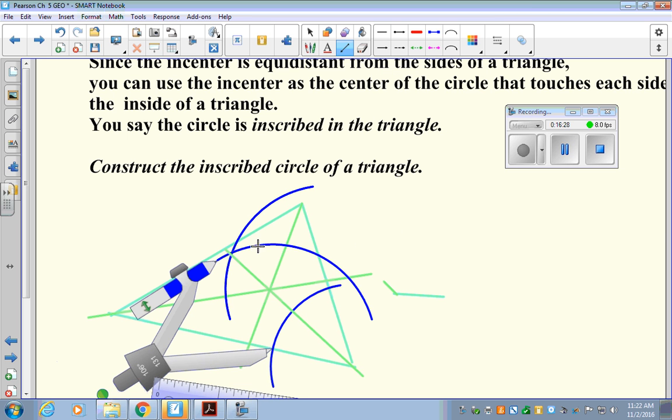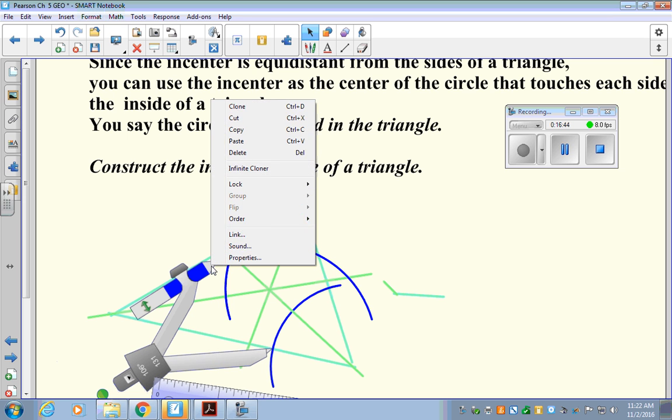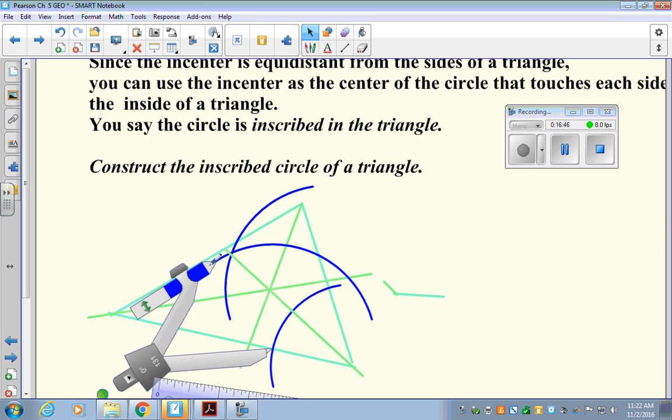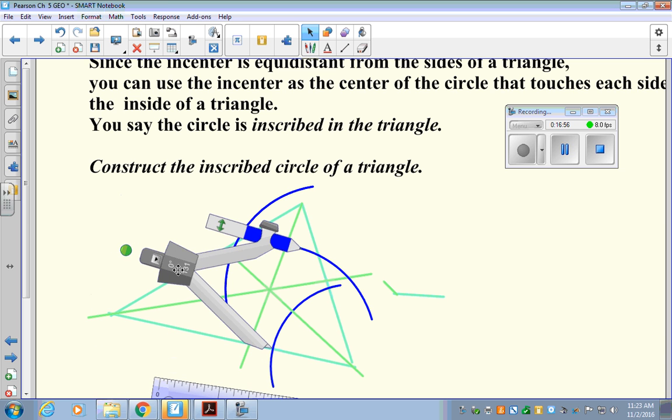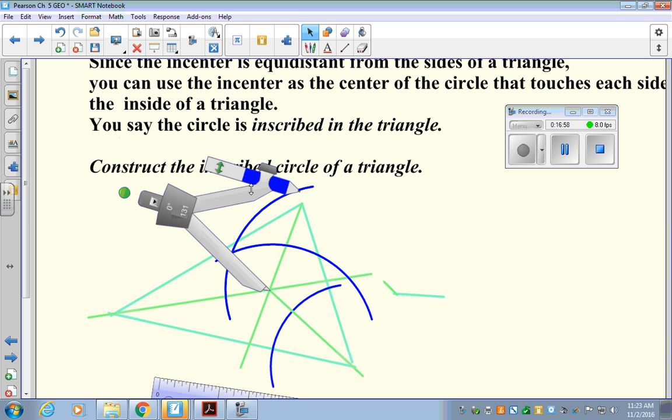Okay, and where that center happens is going to be the center of our circle, and our circle is going to touch each of these three sides. So let's go ahead and draw that circle, putting our point on the center.